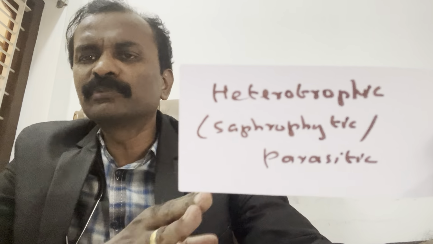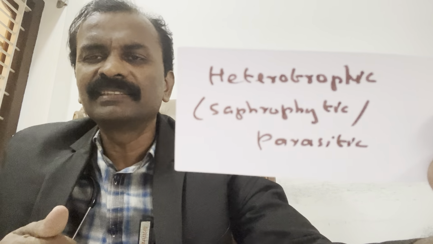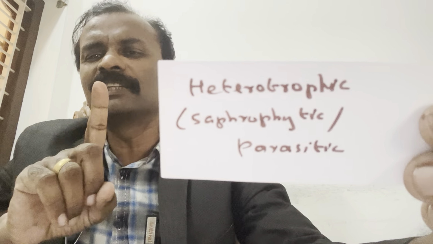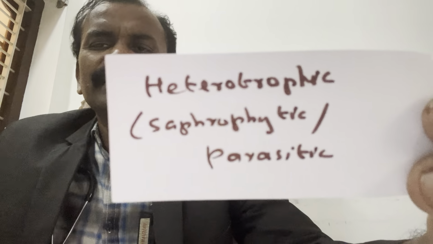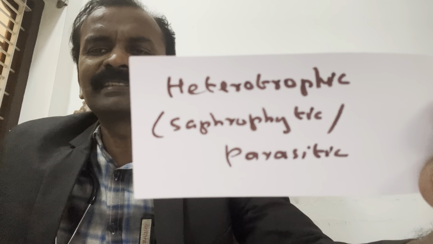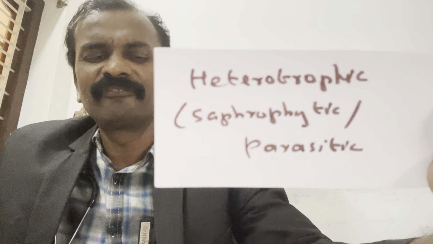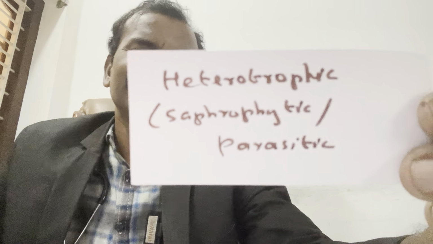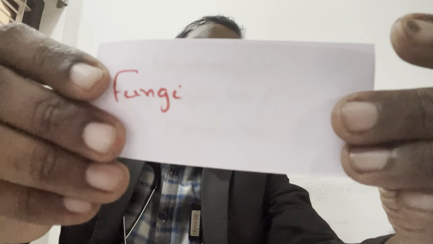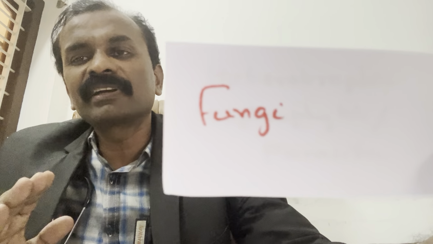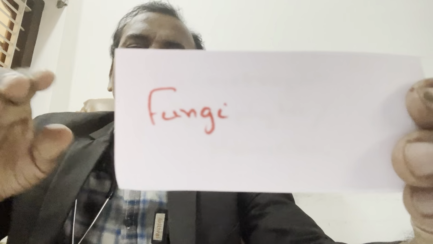See, the next 5 MCQs which I am going to teach are repeated several times. Every exam there will be one question. Heterotrophic, saprophytic and parasitic, all the 3 features, which one? Characteristic of fungi. They'll ask, fungi has the following characters.